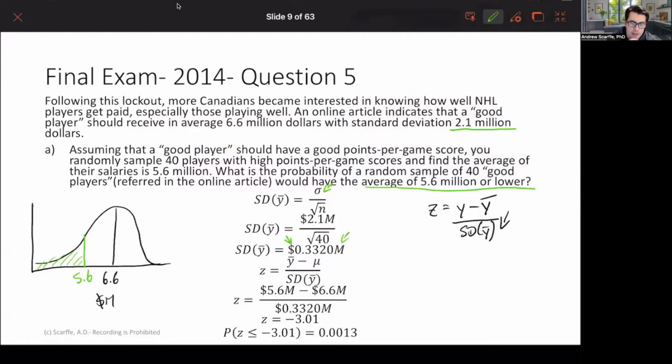From there, we can go ahead and calculate our Z score. So Y bar minus mu, or the mean of our population, divided by the standard deviation of Y bar. So we get 5.6 million minus 6.6 million divided by 0.3320. This, of course, gives us a Z score of negative 3.01.